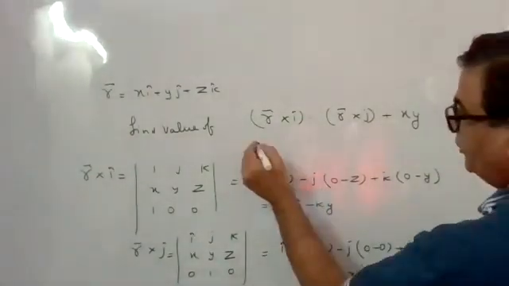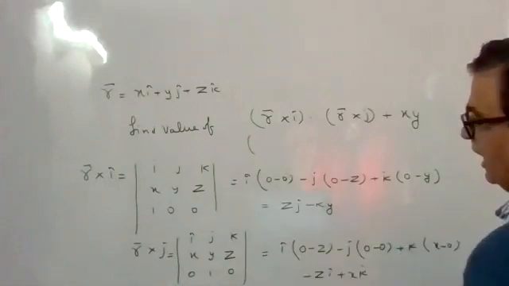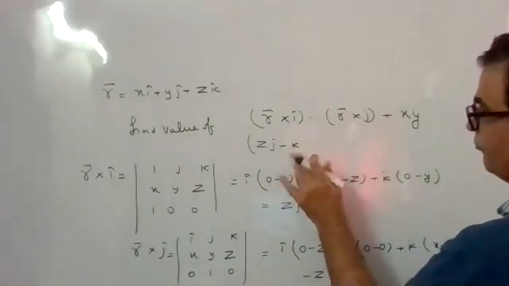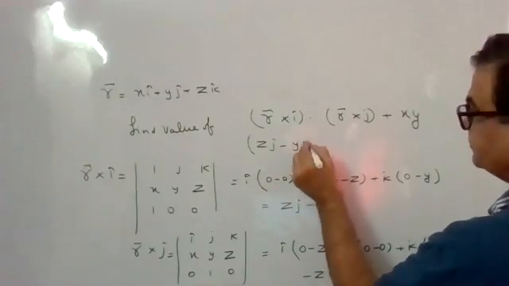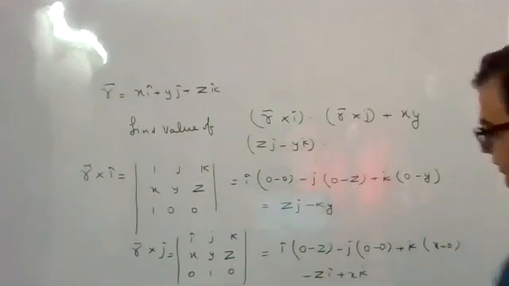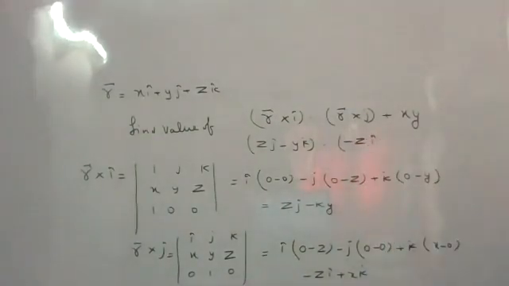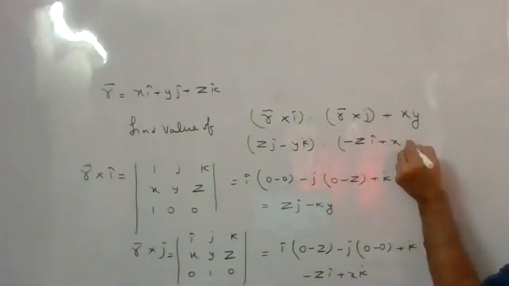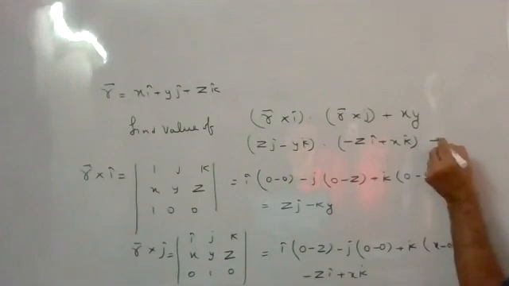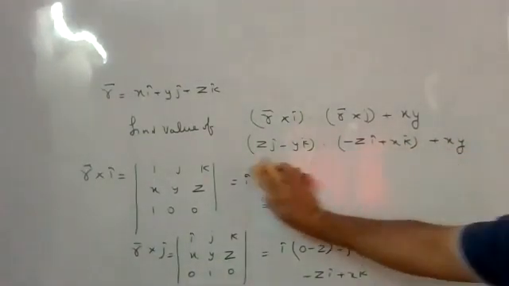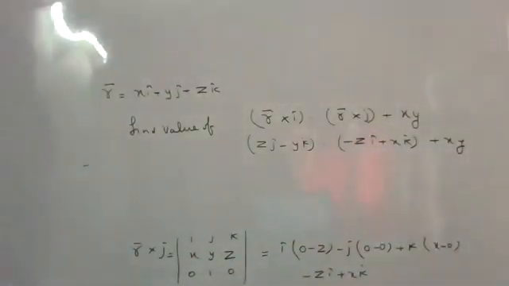Now I'll put the value of this, that is zj minus yk dot minus zi plus of xk, plus of xy. Now when you solve it, what it will be?